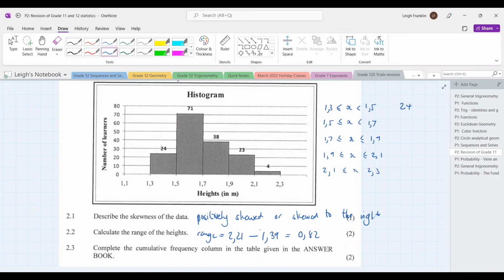So now in order to work out our cumulative frequency, what does cumulative mean? Cumulative frequency. When we say cumulative, what are we doing? Where does the word cumulative come from?